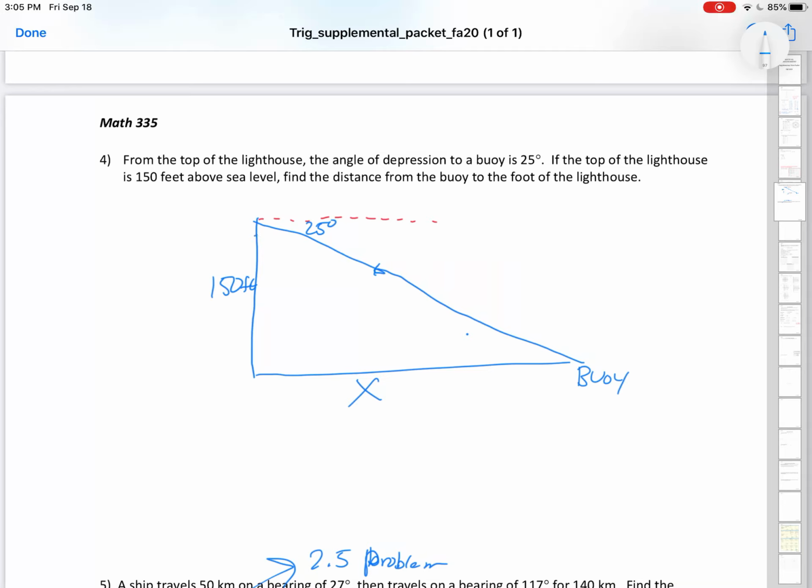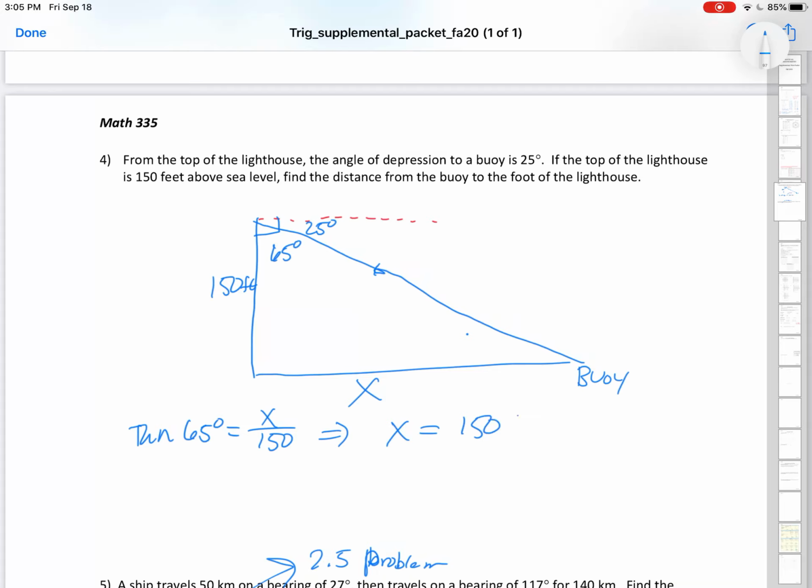Well, what do we know? We know that this angle right here is 90 degrees, and 25 of it is taken up by the depression, so the remainder, 65, must be inside that triangle. Perfect. Again, opposite and adjacent are known, so the tangent of 65 degrees has to be equal to x over 150. And it's the same problem again.